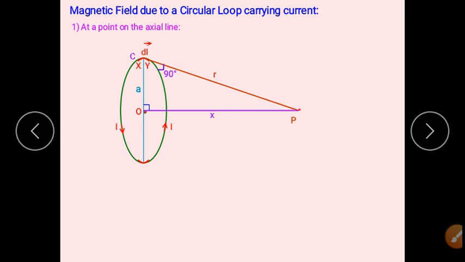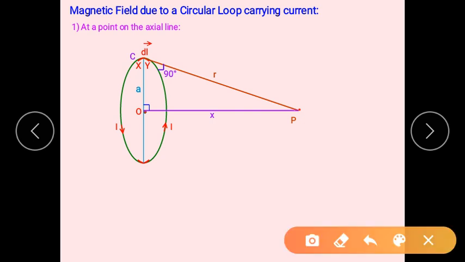Since it is a current element, it is having a direction, and in the previous class I have told you that the direction of dl is taken by drawing a tangent. So to find the direction of this dl, at this point xy, you draw a tangent.